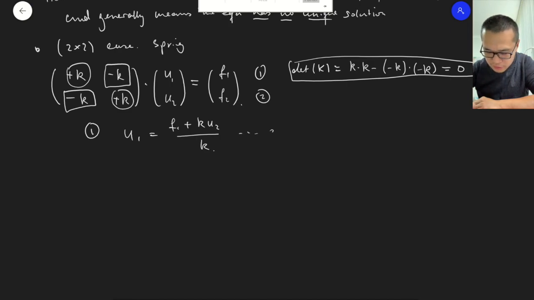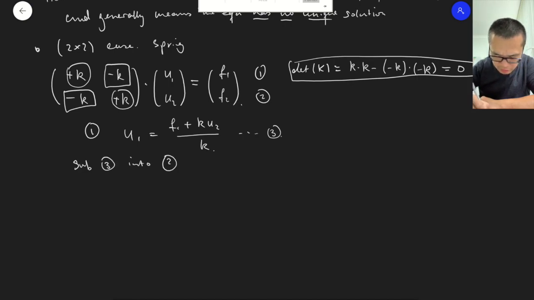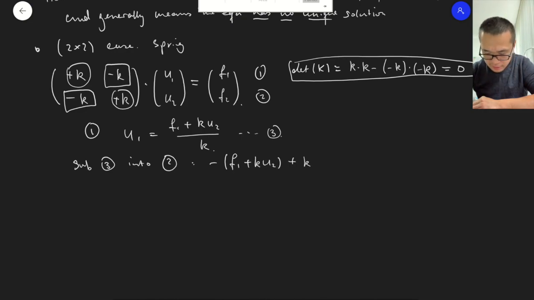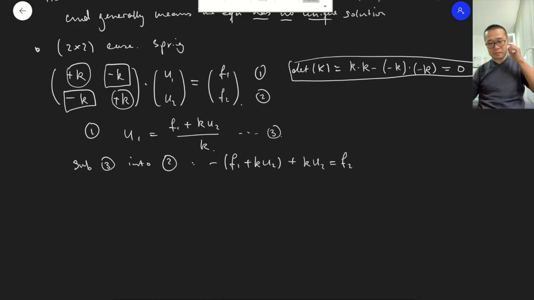That gives you equation 3. So if you sub 3 into 2, what you're going to get out is something like this: minus f1 plus k u2 plus k u2 equal to f2.